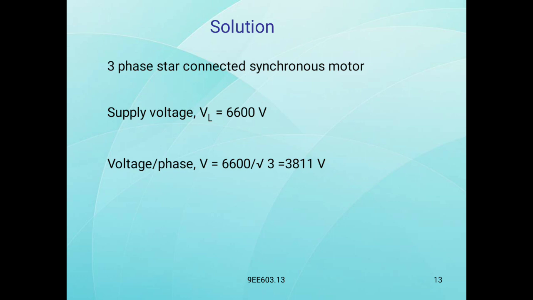That is the phase voltage of the star connected synchronous motor. Now cos phi is equal to 0.8 leading, and phi is equal to 36.87 degrees.